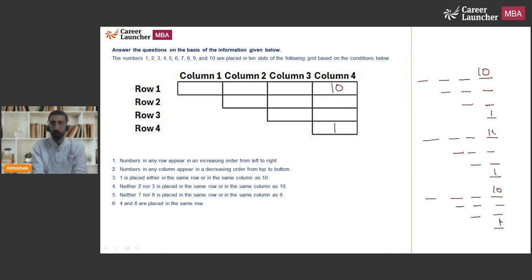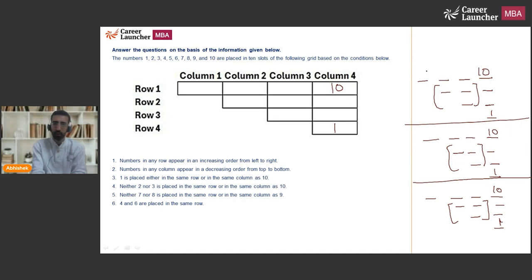Where will 4 and 6 come in? And of course, we know 2 out of these 3 cells are booked for 2 and 3. I think it would not be a bad idea to fix 9 first. Or not.